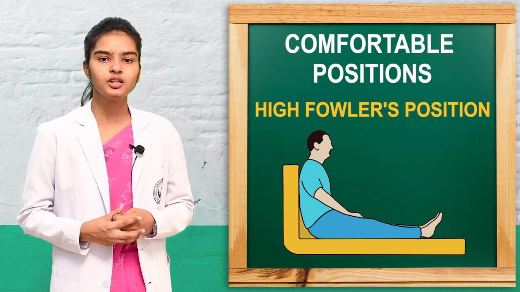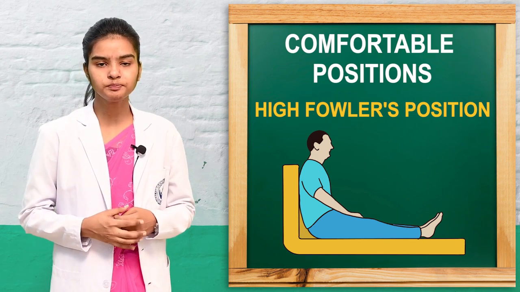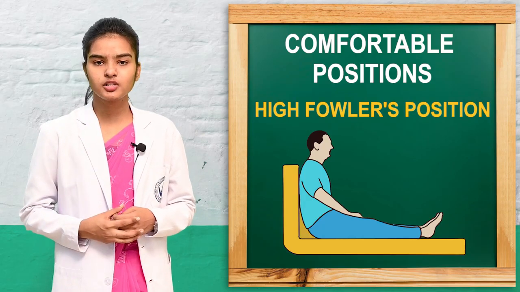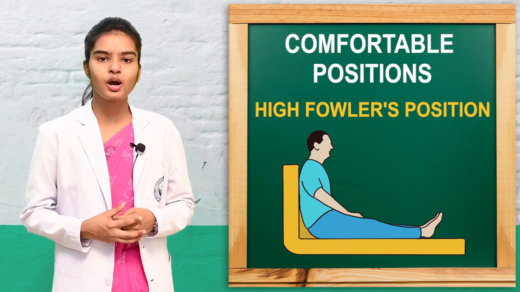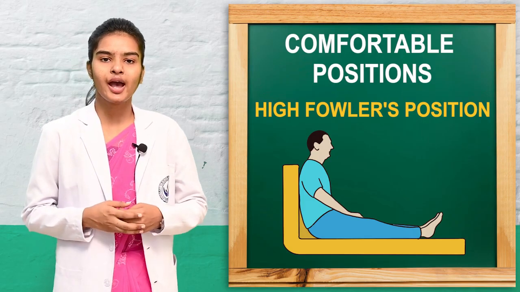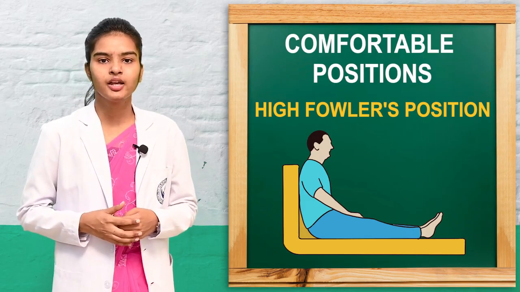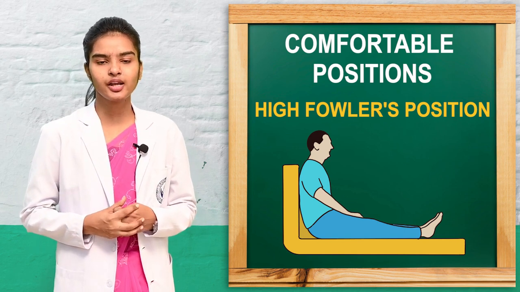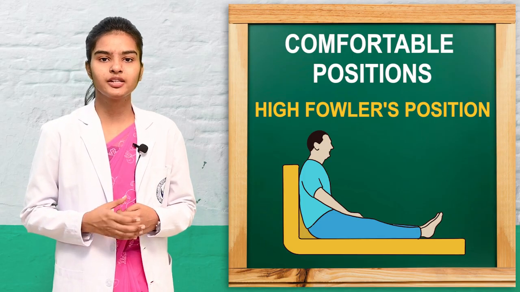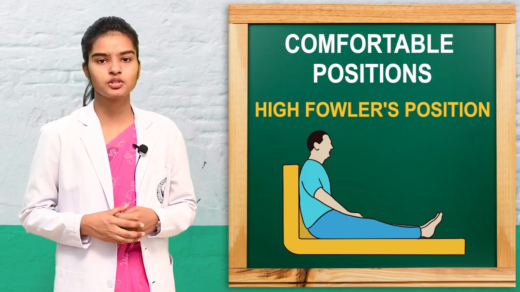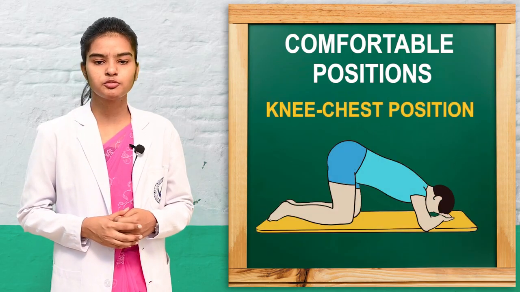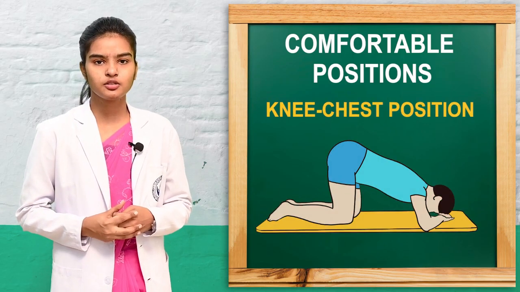In this position the front table or the cardiac table is provided to the patient, on which one pillow is placed, and we ask the patient to place both hands on that pillow and feel comfortable while sitting. This may be helpful in decreasing breathlessness and also makes the patient feel comfortable and slows down his heart rate.